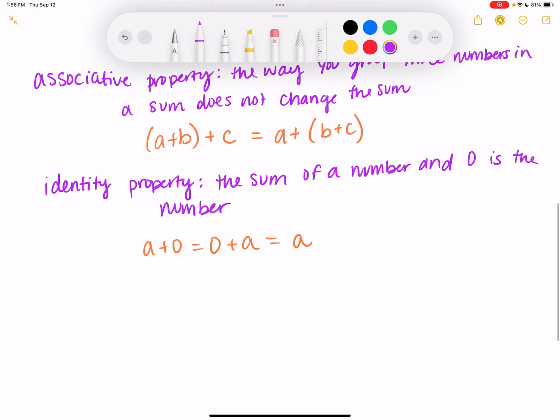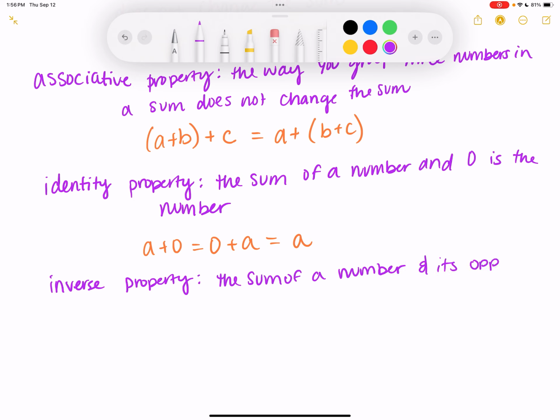And then the last property specifically is the inverse property. The sum of a number and its opposite is 0.